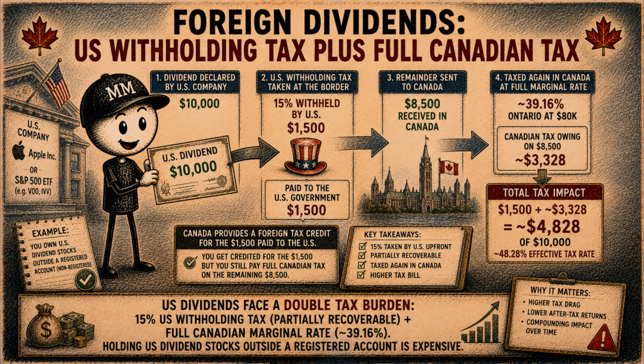Tax on $10,000 in U.S. dividends in a non-registered account, approximately $3,916, same as interest income. Note, there is also a 15% U.S. withholding tax on U.S. dividends paid to Canadians, which can be partially recovered through the foreign tax credit. But the Canadian tax treatment remains at the full marginal rate.